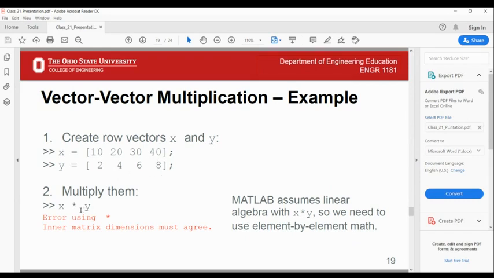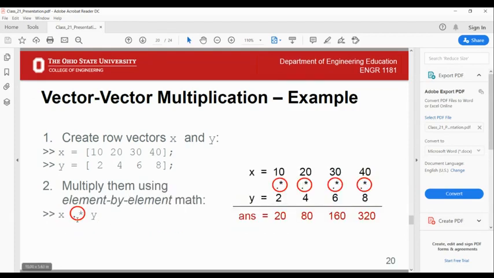If you just do it like this, that will not work, because the number of columns in this one should equal the number of rows in the y, but in this case it's not going to work. So just by adding that dot, we fix it.